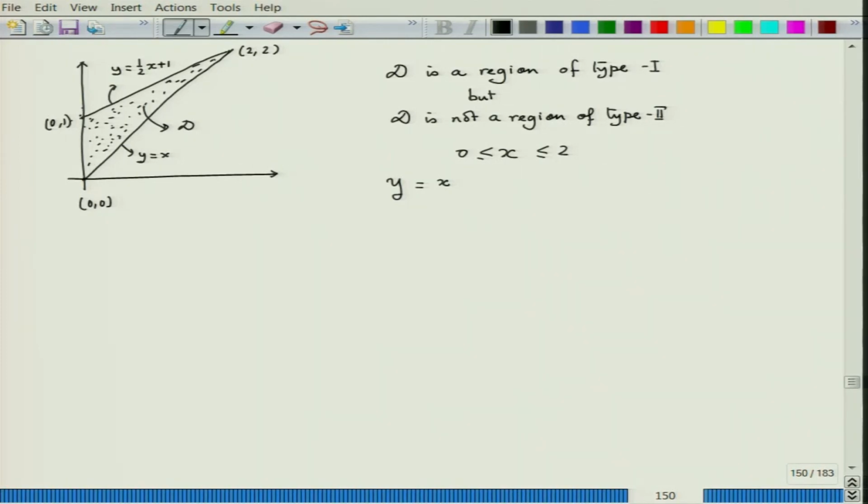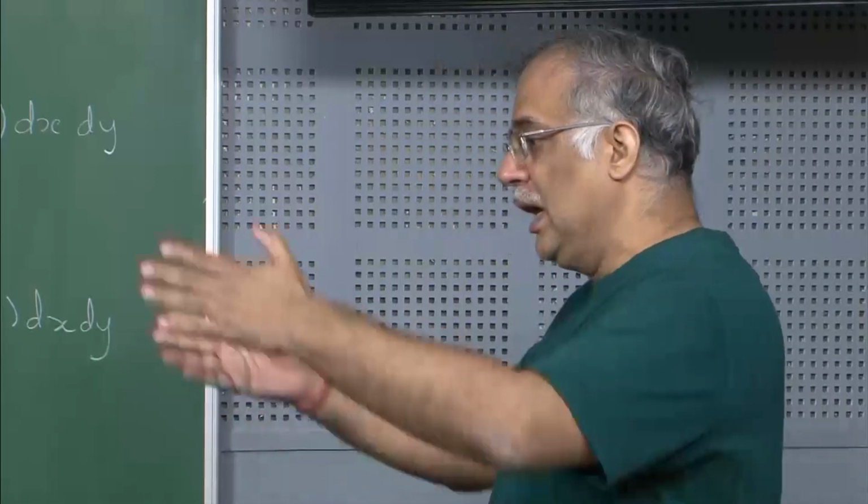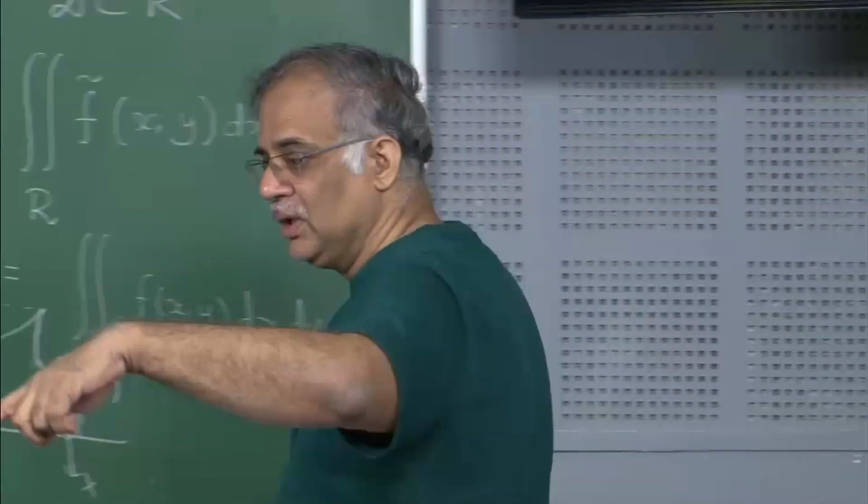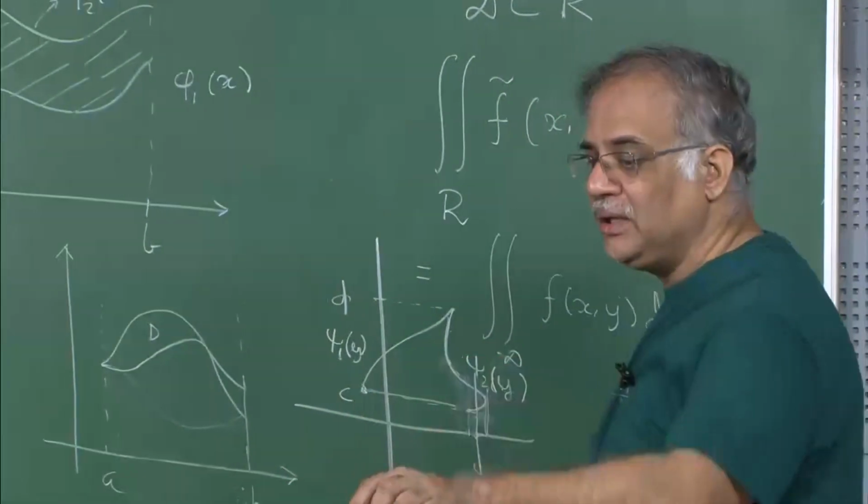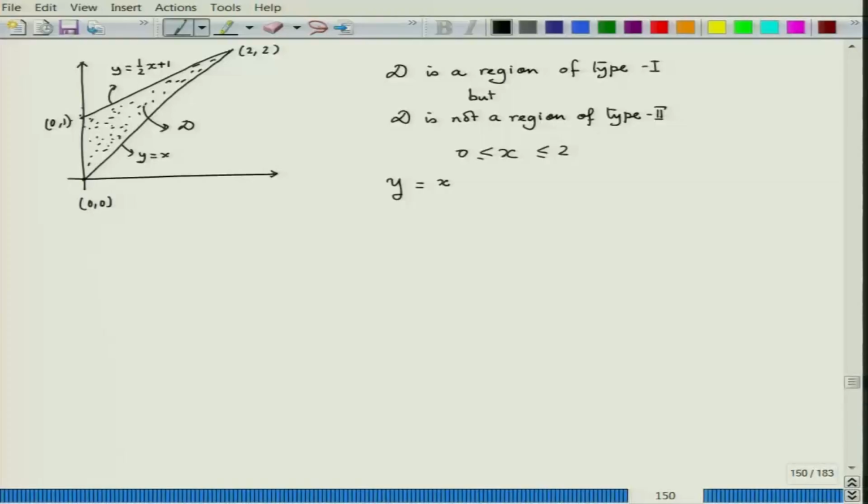But if you look at it from the perspective of y, now you take y as your main axis, say between 0 to 2, and you look at the domain D, then you do not find two functions binding this domain D. Should I take these two only? I can't, because y can take values up to 2. So, can I take just these two curves and talk about the domain? No, because I have to consider also this part of the curve.